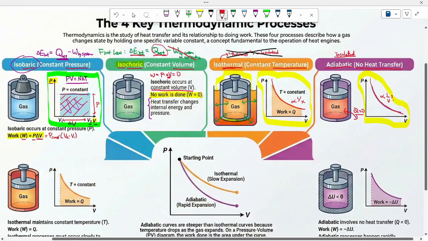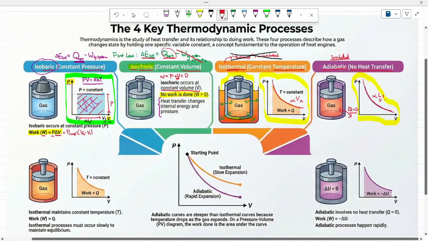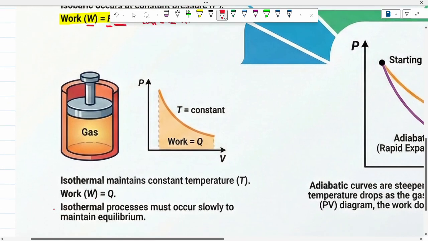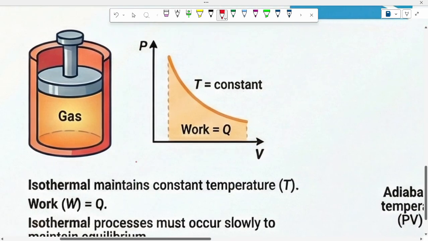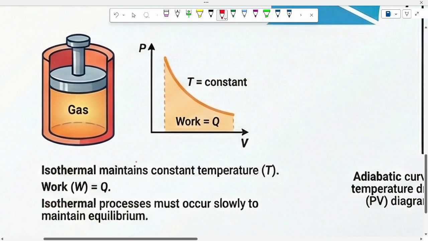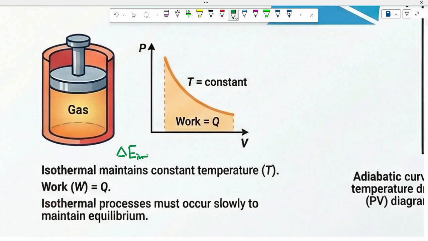So the isothermal process is described here with some more detail. Isothermal maintains constant temperature. That is what isothermal means here. And with the first law of thermodynamics, that means some interesting results. The first law says the change of internal energy is the heat transfer minus the work done by the system. Temperature is related to the internal energy.